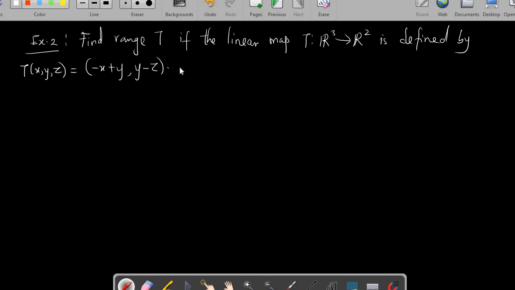We are asked to find the range, and also they asked us to find the rank.